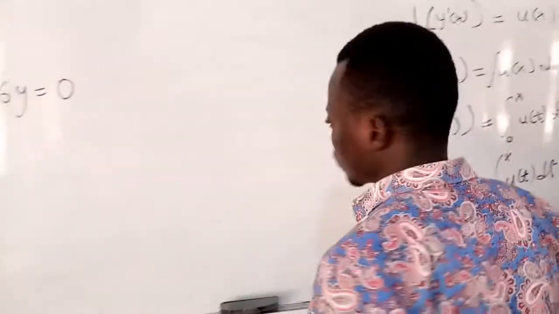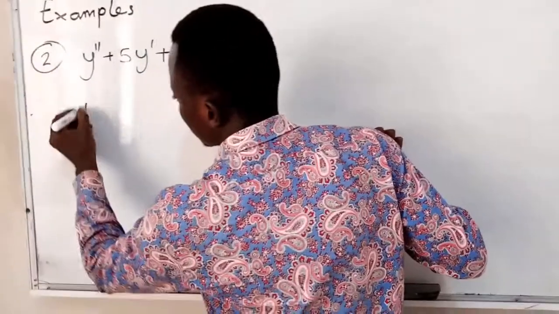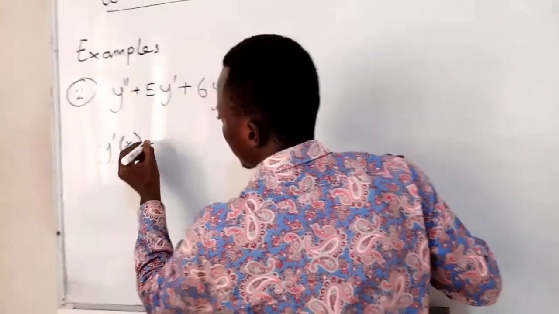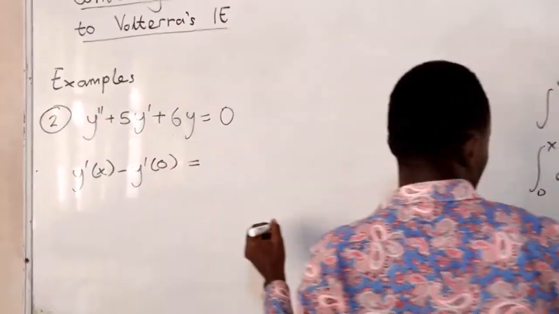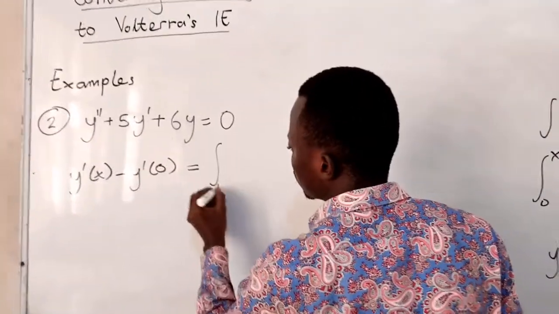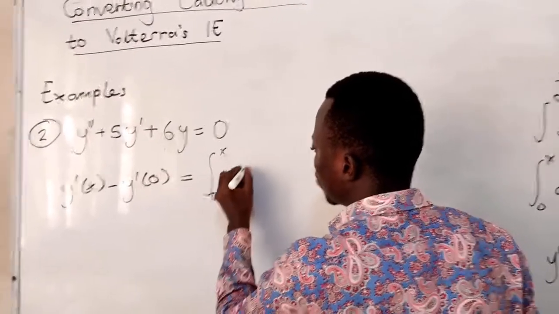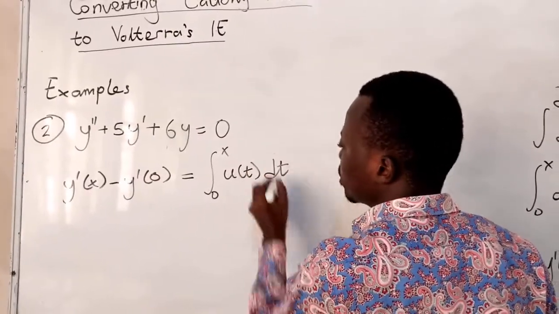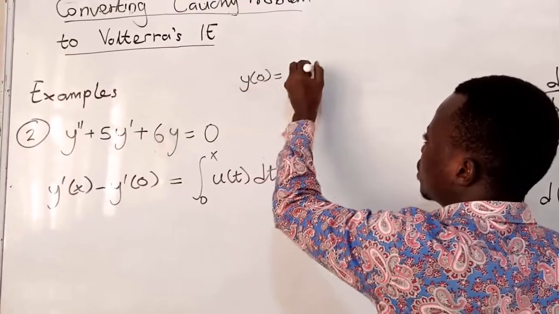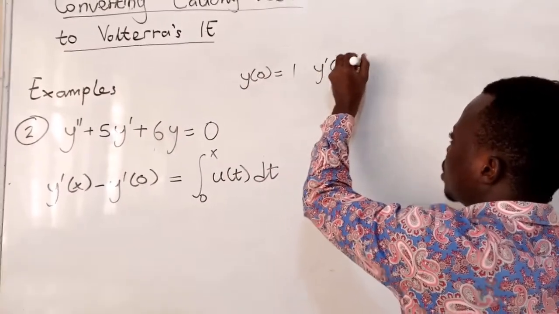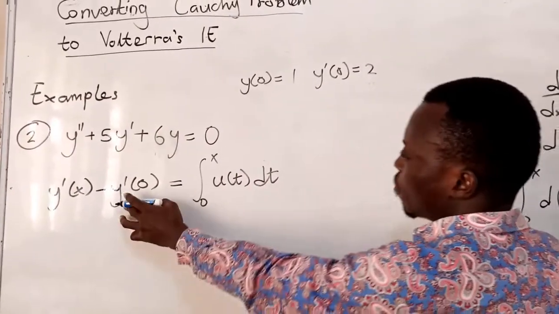So we are going to have y prime of s minus y prime of 0, which is equal to integral 0 to s u of t dt. And our y of 0 was given as 1 and y prime of 0 was also given as 2. So our y prime of 0 is 2.